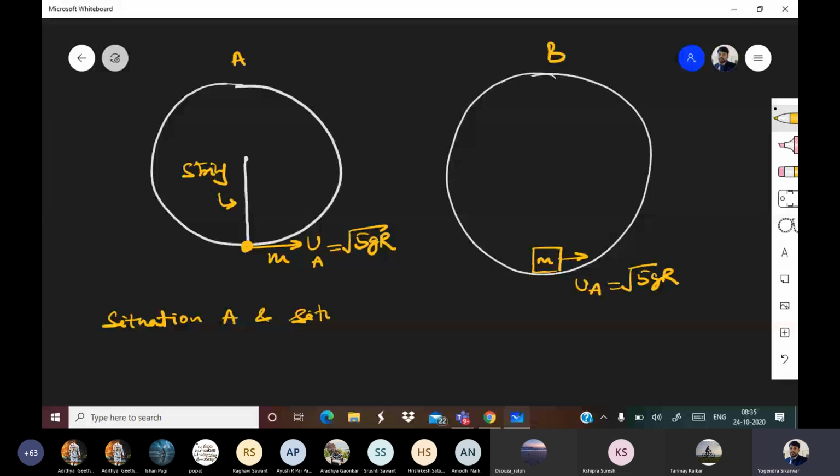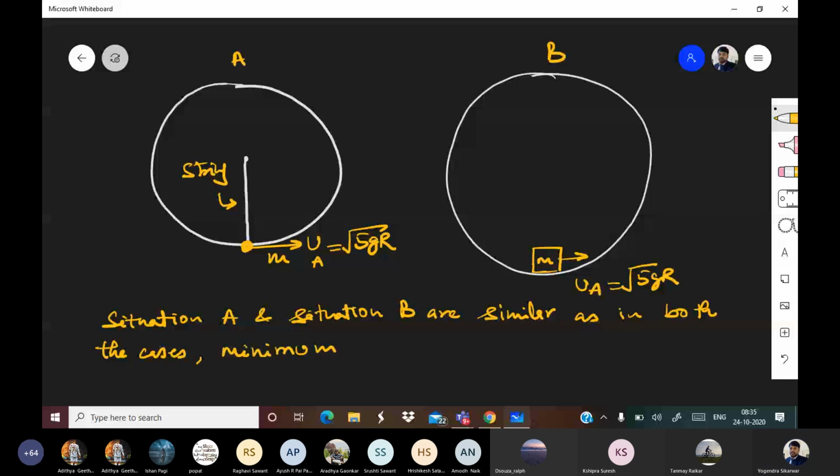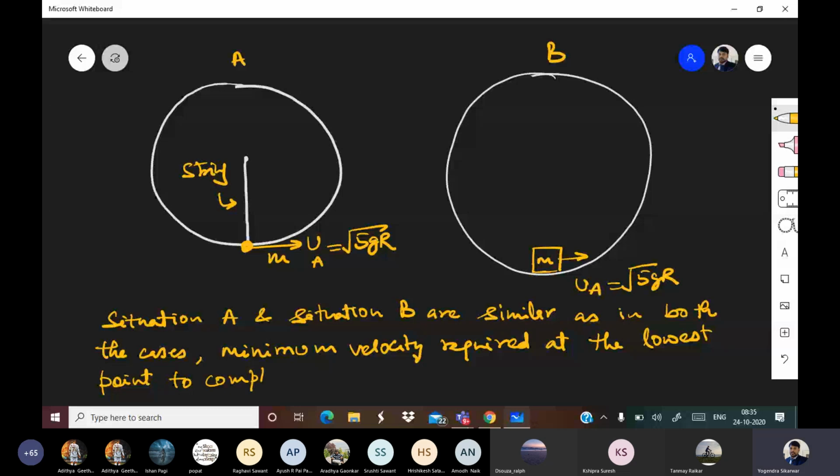are similar as in both the cases, minimum velocity required at the lowest point to complete the circle is root 5 gr.